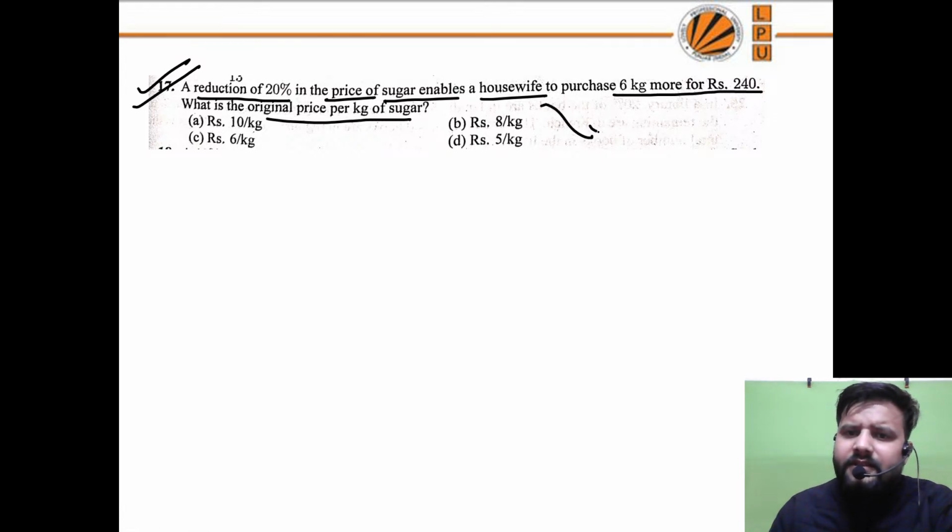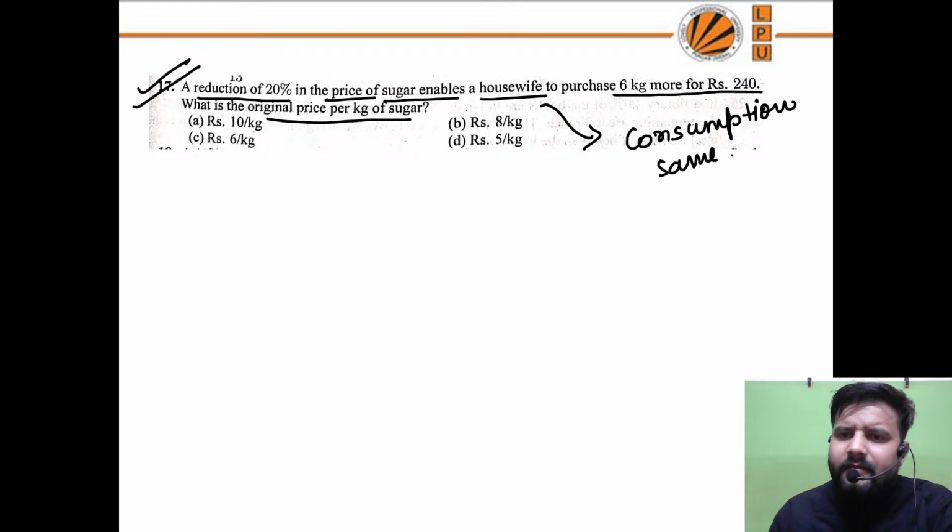Now, in this question, it is hidden that the expenditure is the same. Initially she was spending 240 and getting some amount. Now she is still spending 240 after the price reduction and getting 6 kg extra.